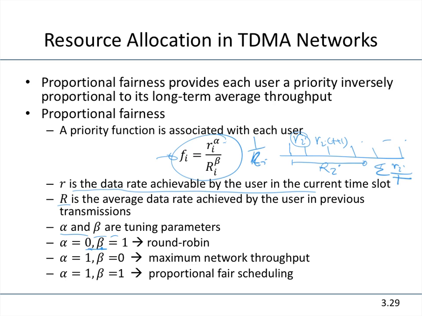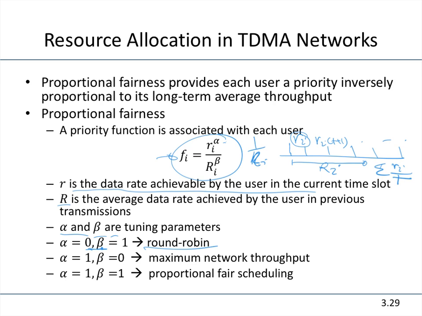In which case, over time, I can probably neglect CSI, which leads to something like round robin, because I don't even need CSI. All I need to do is control the average rate. So over a very long period of time, if I do round robin, they will be the same.